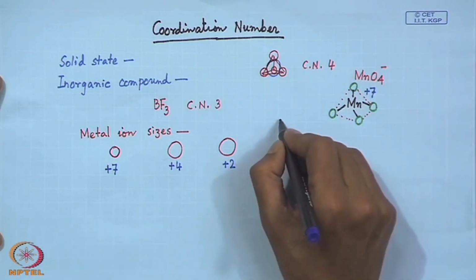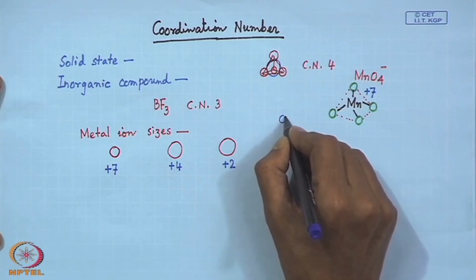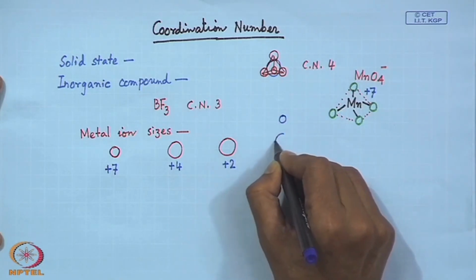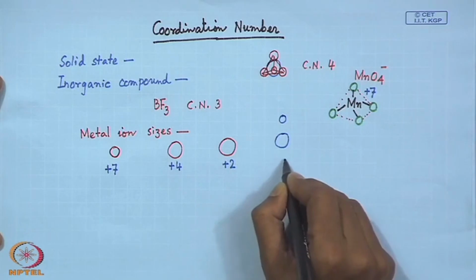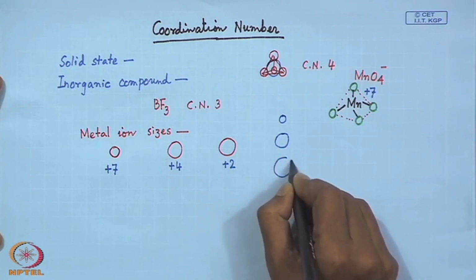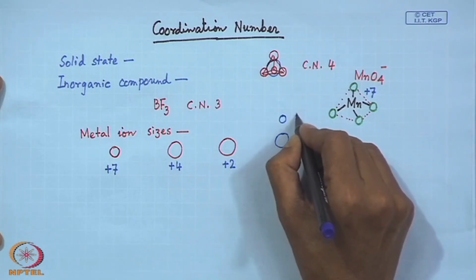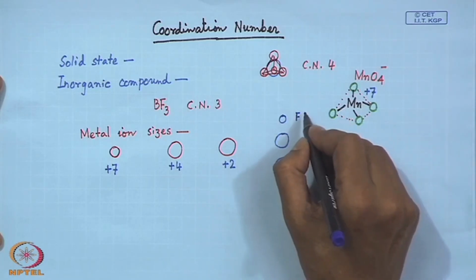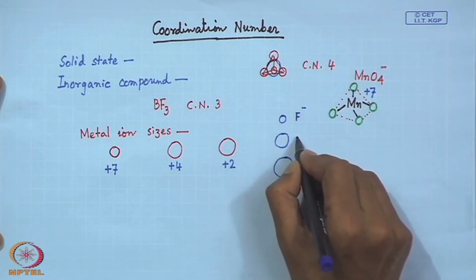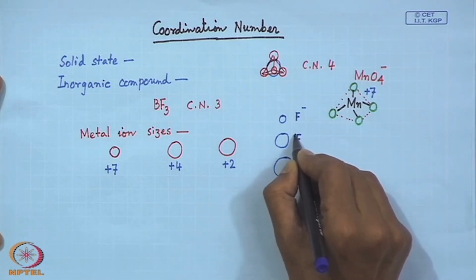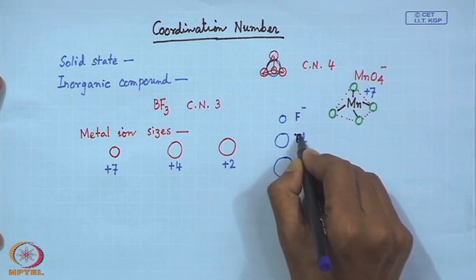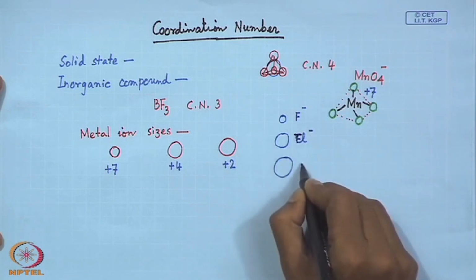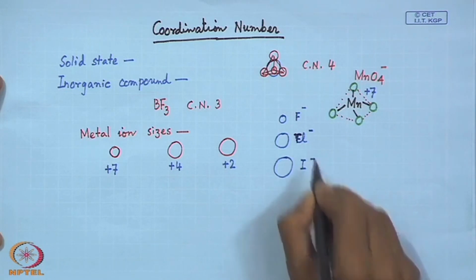And then the size of the ligands: the smaller, the medium size ligand and the bigger ligands, say the typical anions we see as salts, F minus, then Cl minus, and then I minus.